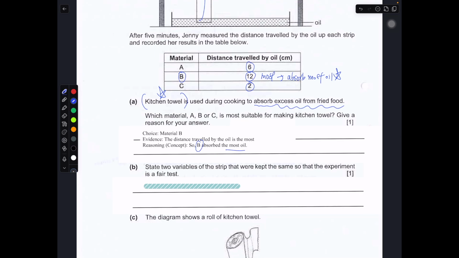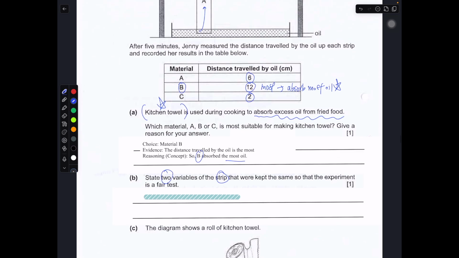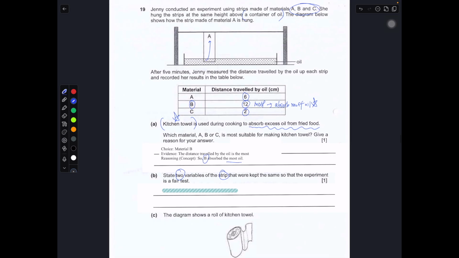State two variables of the strip. This variable that you're going to propose must be because of this strip. This is very important. That has to be kept the same. So for the essential fair test, you definitely need to make sure that the thickness as well as the length must be the same.